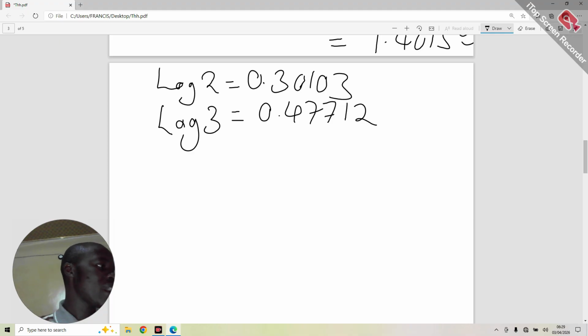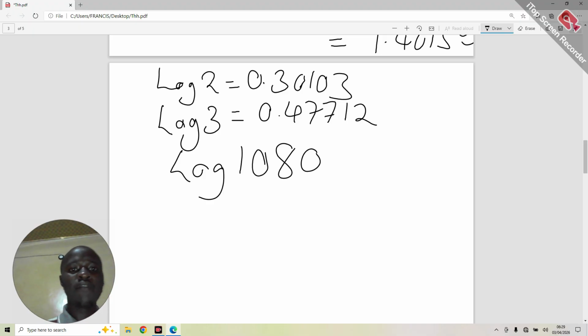Without using a calculator or a mathematical table, find the value of log 1080.